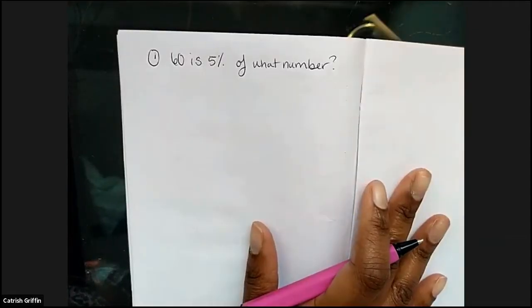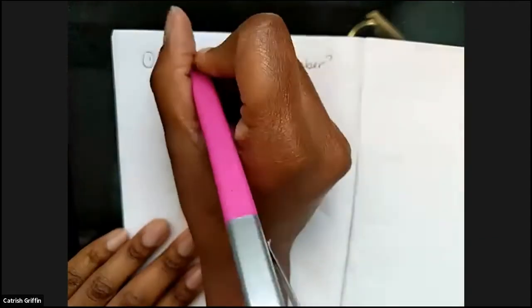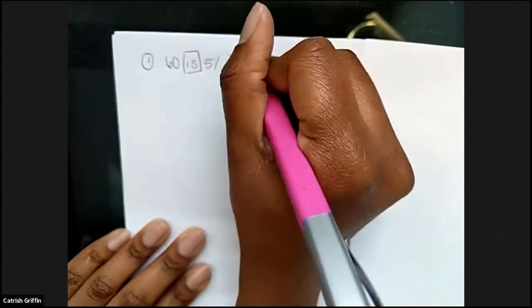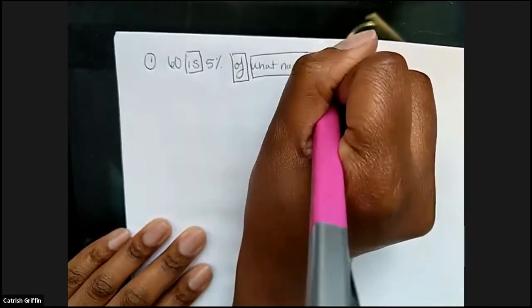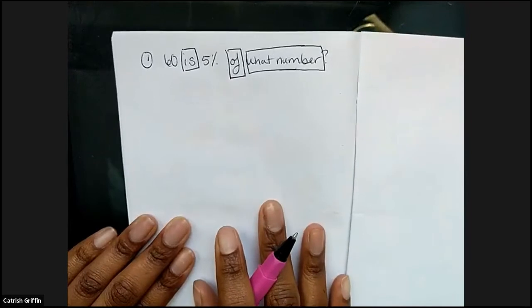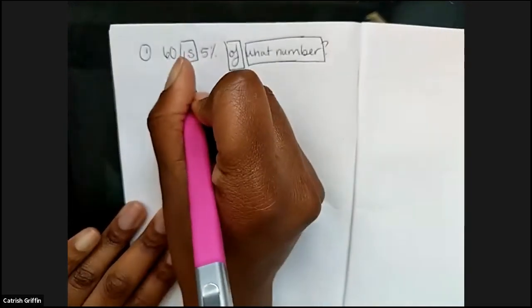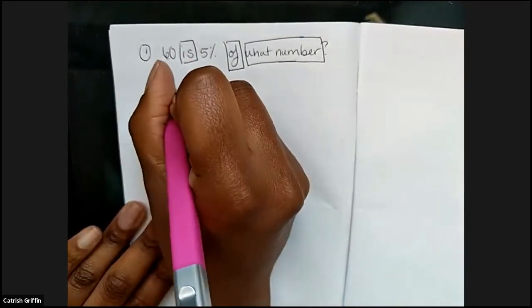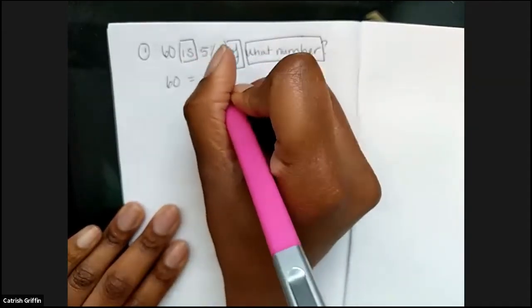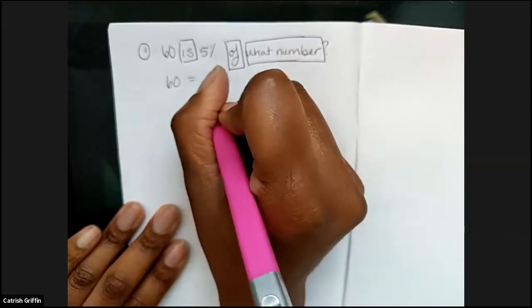60 is 5% of what number? So my key terms here are "is" and "of what number." I learned in the previous chapter that "is" is synonymous with equals. So 60 is 5%. I need to write that as a decimal or a fraction.